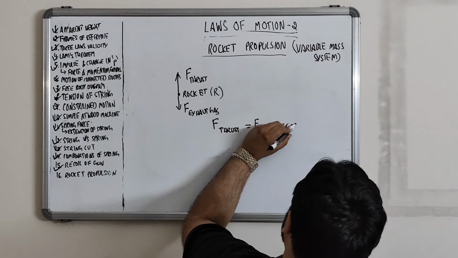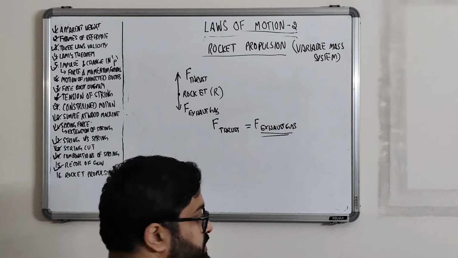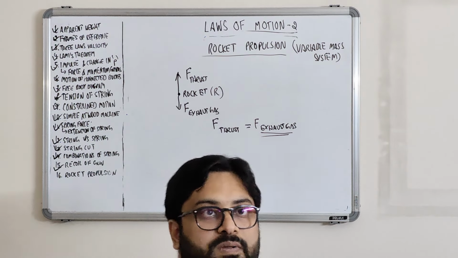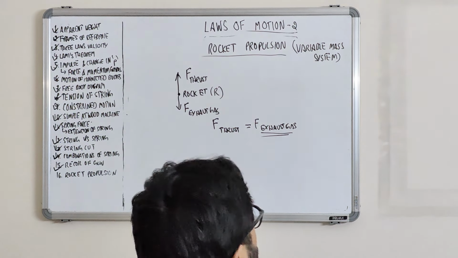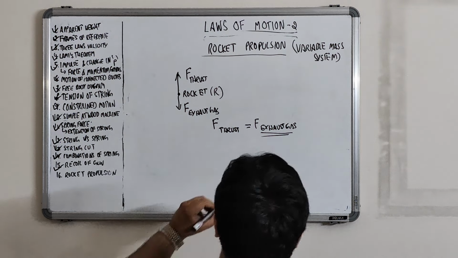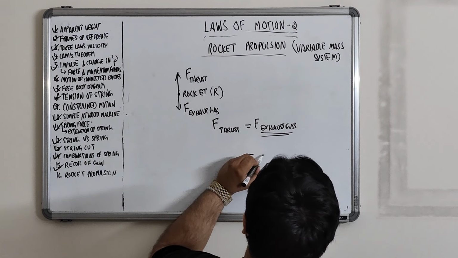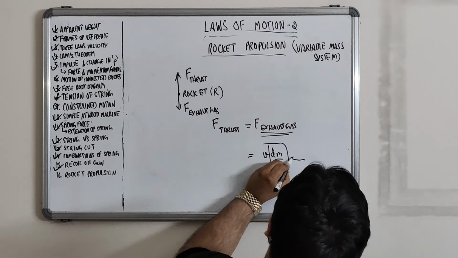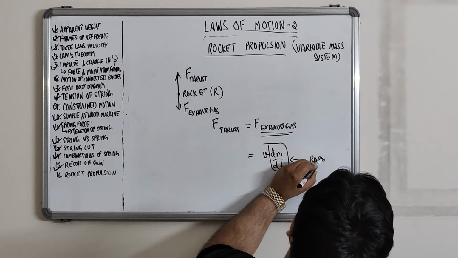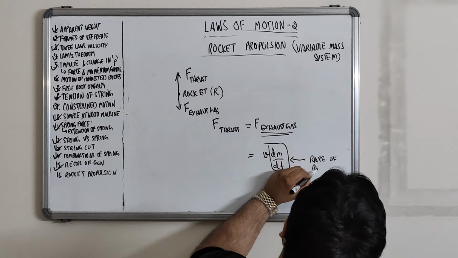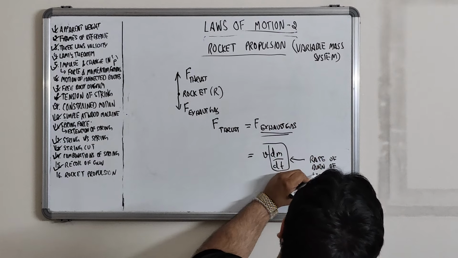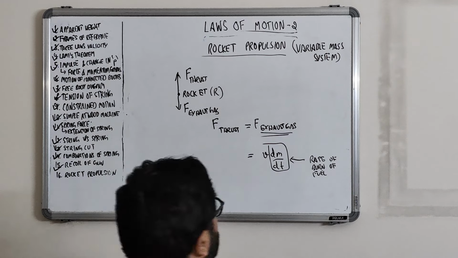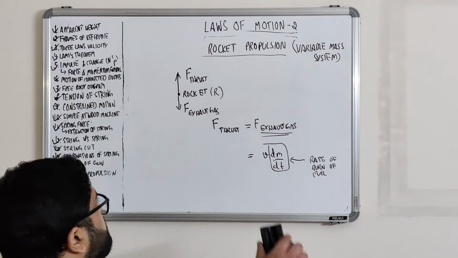Here the velocity is constant but the mass is changing, therefore this is equal to v dm by dt. dm by dt is nothing but rate of burn of fuel. This is in kg per second, right?